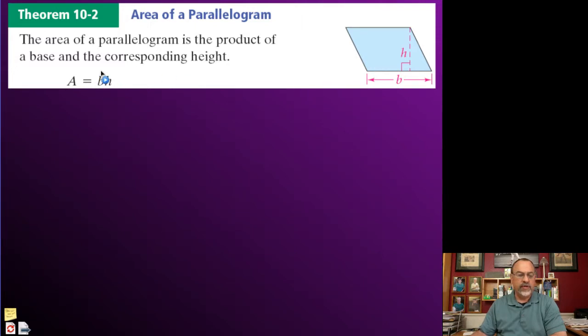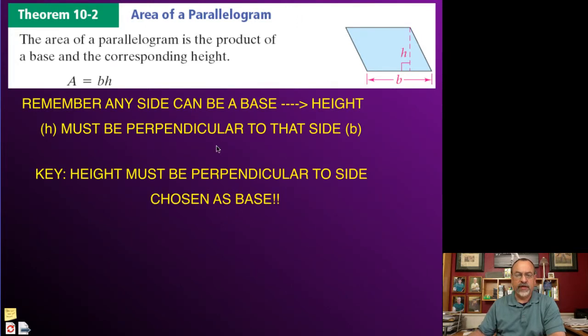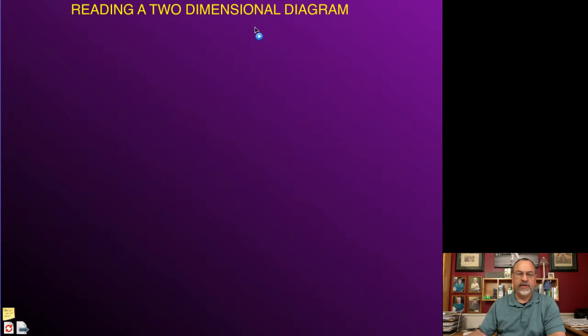So it's important to remember that the base that you're going to put in here and the height number that you're going to put in here must be values that are perpendicular to each other in the diagram. Any side that you want could be the base, as long as the height that you use with that is perpendicular to that.